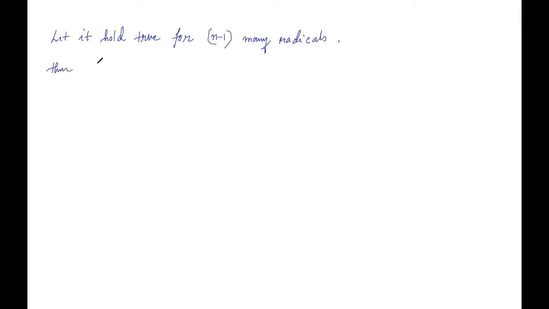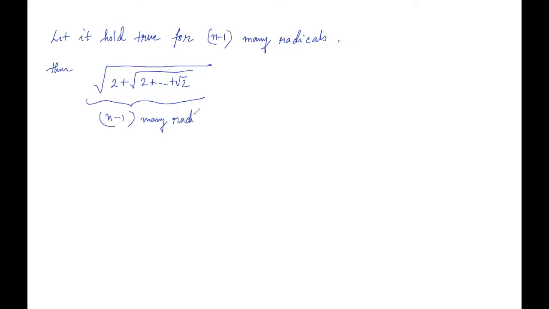Then what you have is root over 2 plus root 2 plus dot dot plus root 2, where there are n minus 1 many radicals, that is equal to 2 cos pi by 2 to the power n.